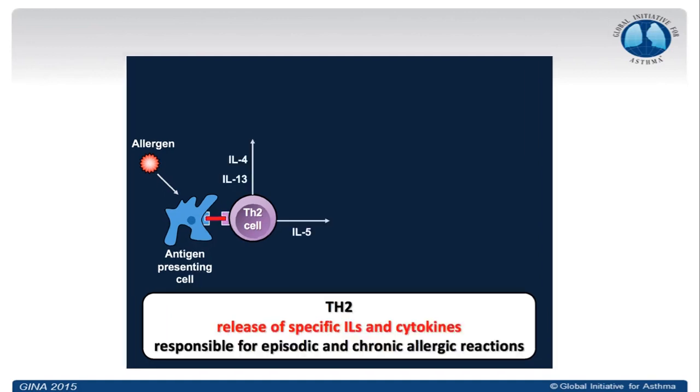Th2 releases specific interleukins and cytokines responsible for episodic and chronic allergic reaction. As we see here, they have interleukin 4, interleukin 13, and the Th2 cell will also release interleukin 5.